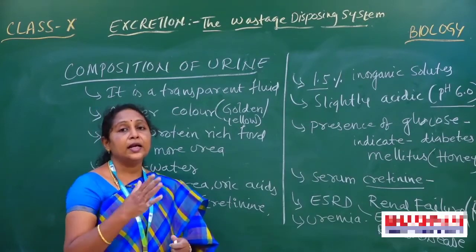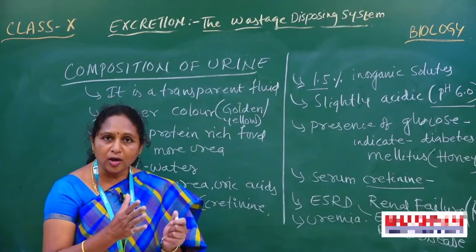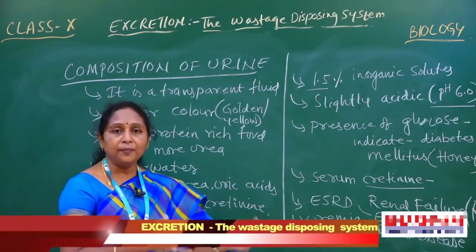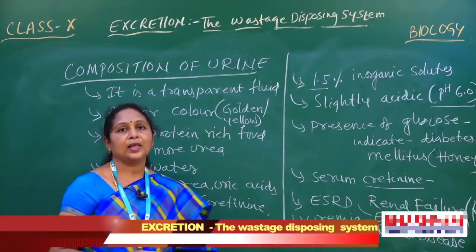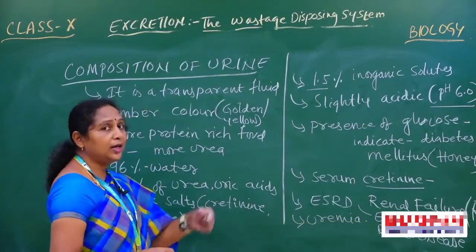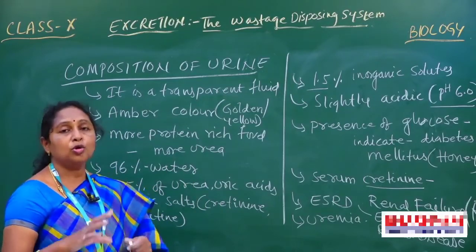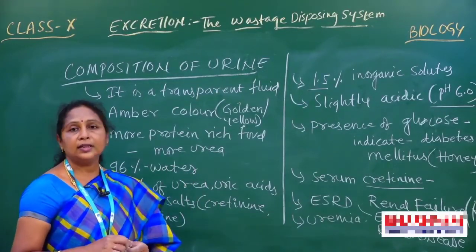The process of expelling waste from the kidney, what do we call it? Excretion. Through the nephrons, we learned in this class how the filtration process goes on throughout the kidney.